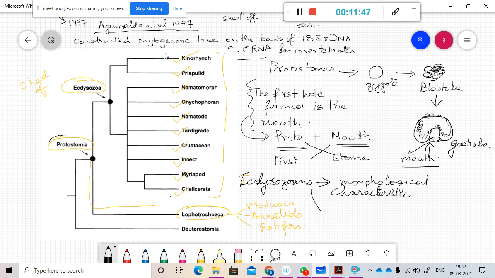And what is that? They grow by ecdysis. That is, they have an exoskeleton, and they molt or shed off their exoskeleton, an outer covering.